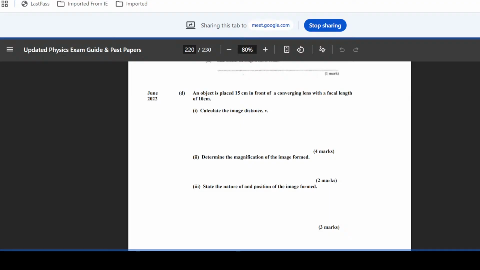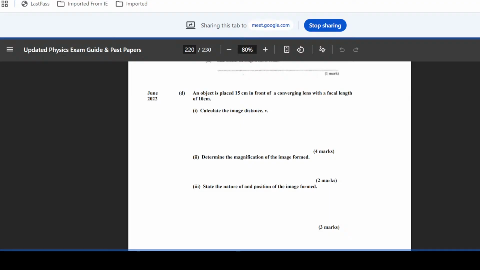What's one feature you can talk about the image that you calculated already? You must know at least one of them. So the image formed was what?